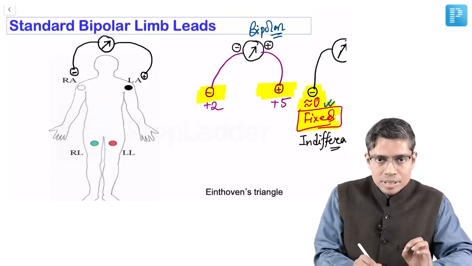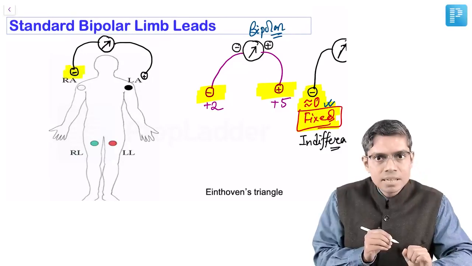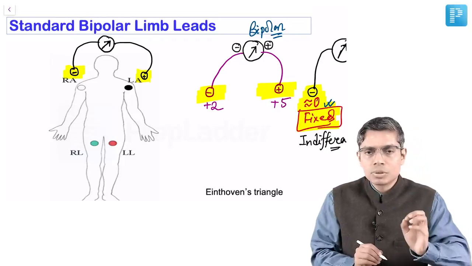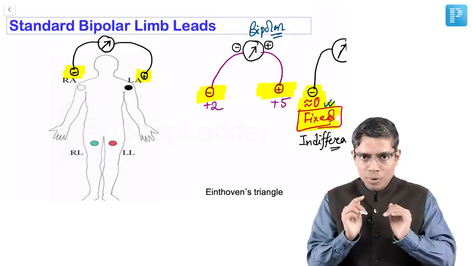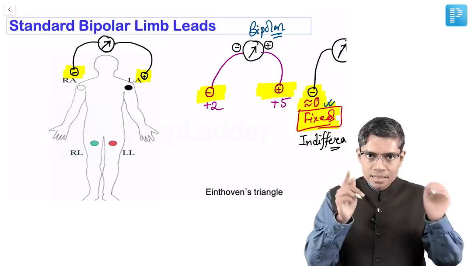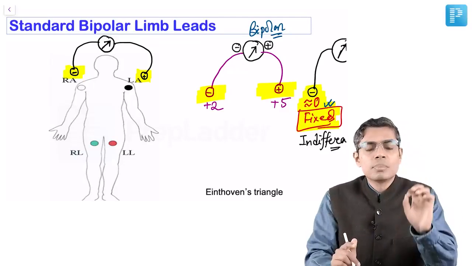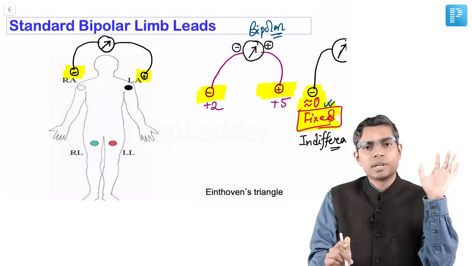So how have I connected? I have connected the negative end to the right acromion and the positive end to the left acromion. So you are going to record a potential difference between these 2 points, positive minus negative. This will be known as the potential difference of bipolar lead 1.